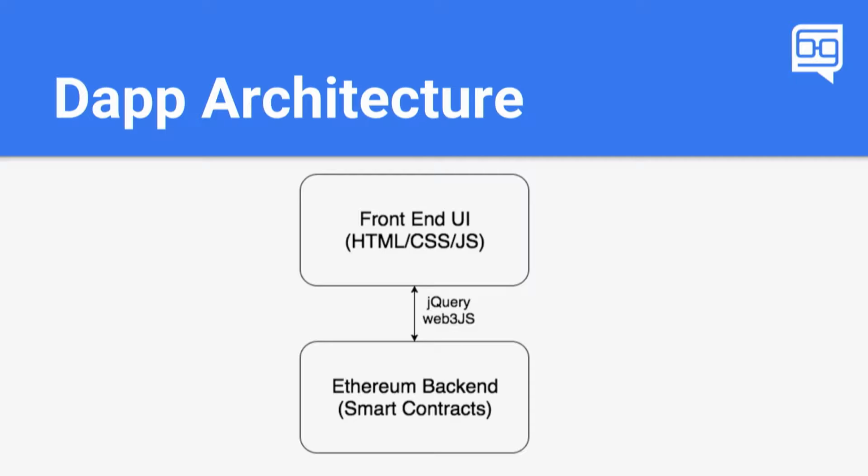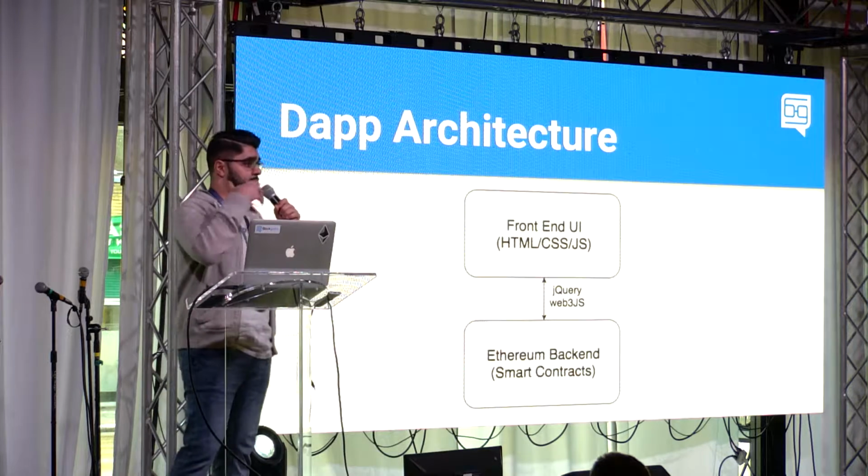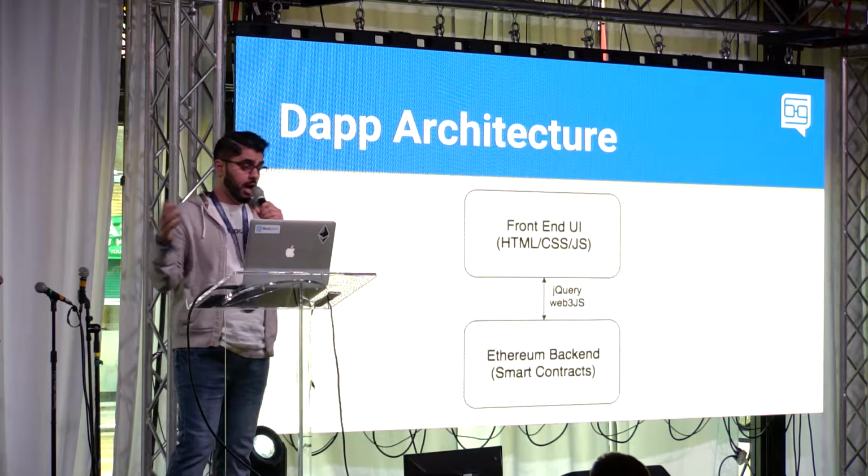We're actually using the Ethereum blockchain as our back end. The smart contracts that we deploy to the Ethereum blockchain contain our application logic, and we can interact with the back end also using libraries like jQuery, but also Web3.js, which some of you may have come across as a popular JavaScript library to help you interact with blockchains.